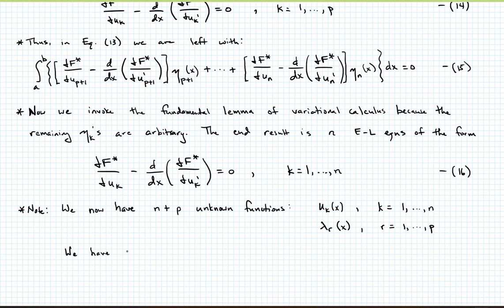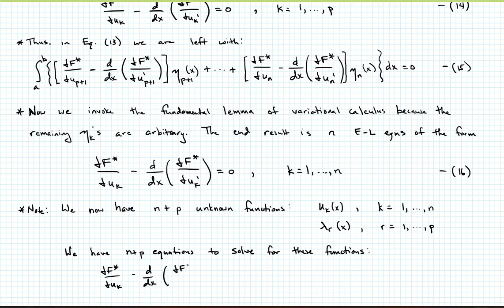The first is equation 16: the partial of f star with respect to uk minus d by dx of the partial of f star with respect to uk prime equals 0 for k equals 1 to n.